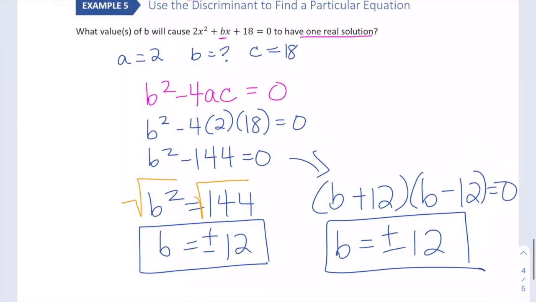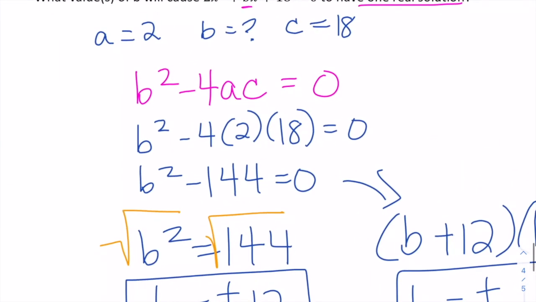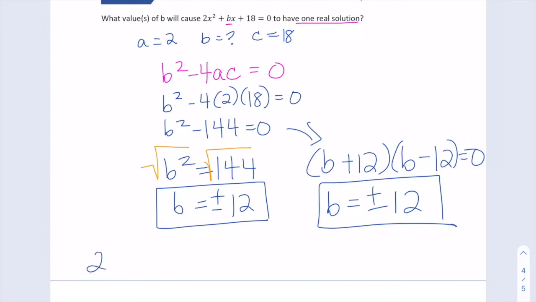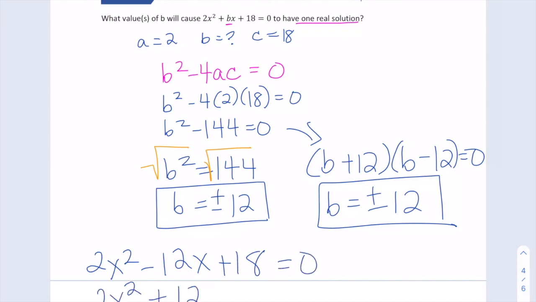If we want to have one real solution, there are 2 possible answers for b. You could have 2x squared minus 12x plus 18, or 2x squared plus 12x plus 18. Both of those parabolas will have one real solution.